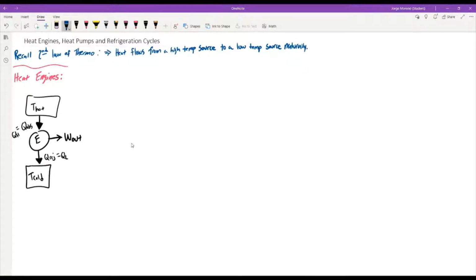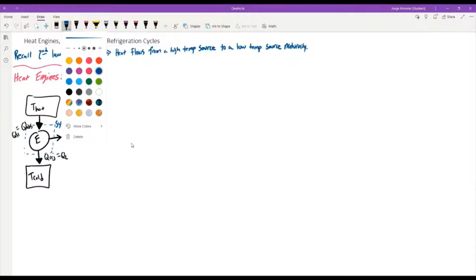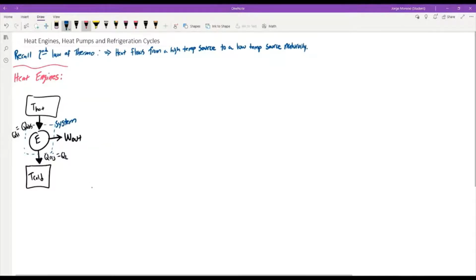And in this case, our system is going to be this heat engine here. So we're going to call this our system. All right. And since we're drawing from our hot source, we're going to call this our source. And the excess heat is being rejected into the cold. We can call this our sink.